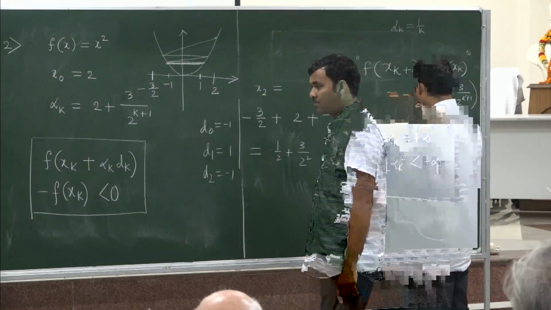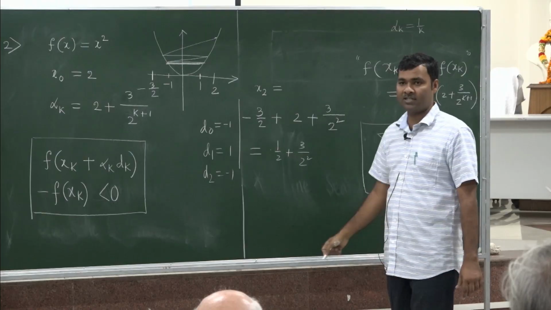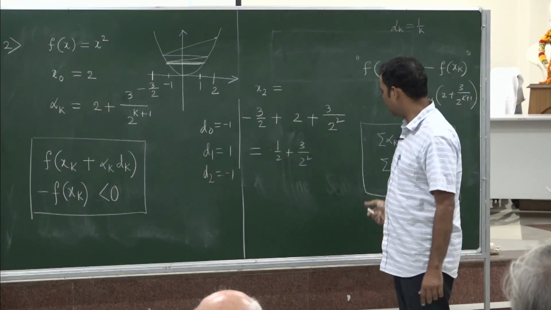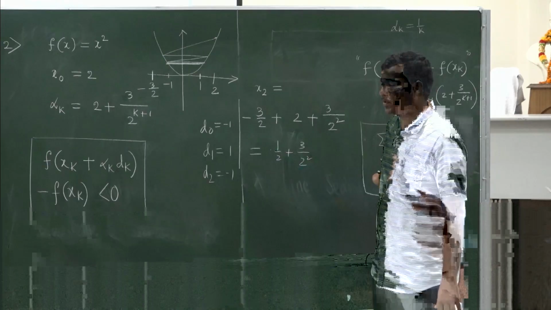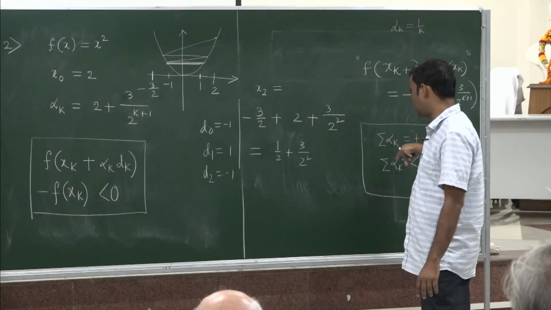Such alpha k may not have the descent property. This is called diminishing step size.